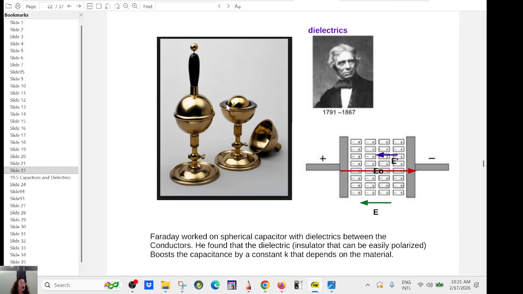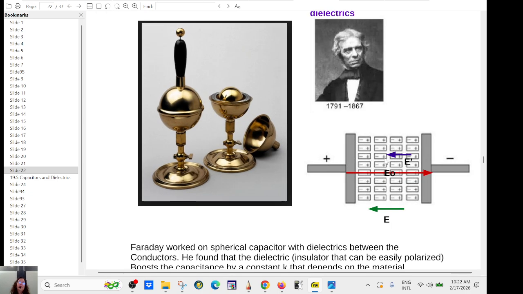Okay? Are you with me? So I don't know if you remember that, but we discussed that. If you have two plates, two conductors, charged positively and charged negatively, the electric field goes from the plus to minus. If you have a dielectric in between, it's an insulator, so the electrons cannot move freely.